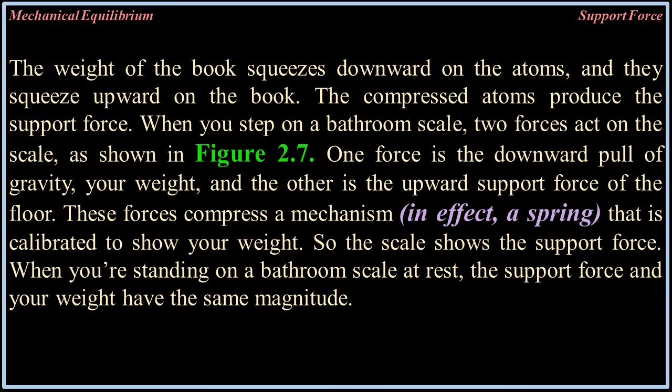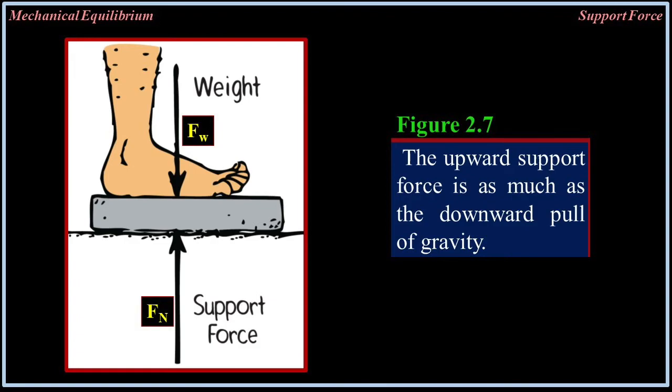So the scale shows the support force when you're standing on a bathroom scale at rest. The support force and your weight have the same magnitude. 2.7, the upward support force is as much as the downward pull of gravity, Fw and Fn.